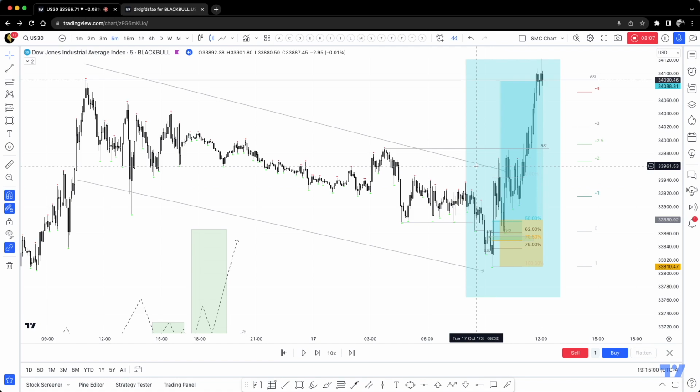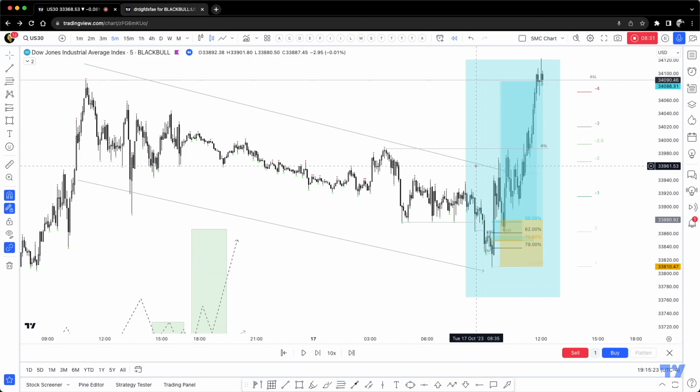They move better during New York session. If you're gonna trade them during Asian session, you could be lucky a couple of times, but normally there's no volume there. There's nothing to do. You're gonna be manipulated as soon as London or New York session hits. You're gonna be stopped out most likely.